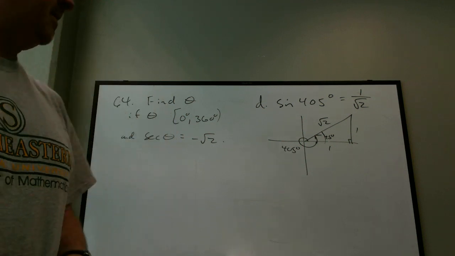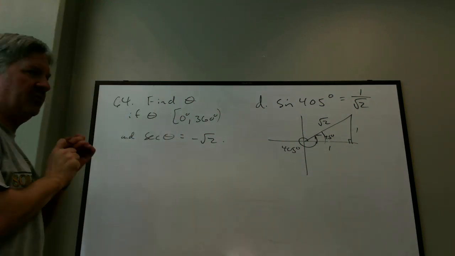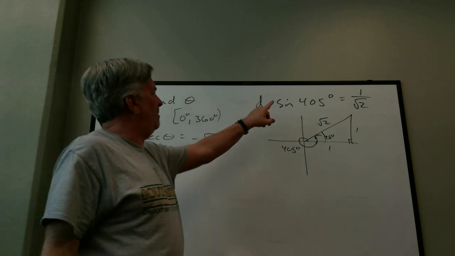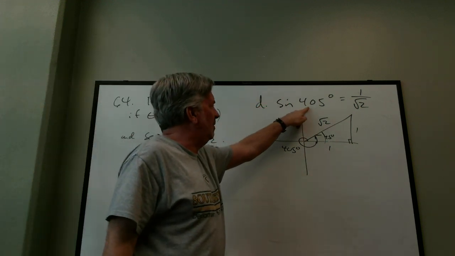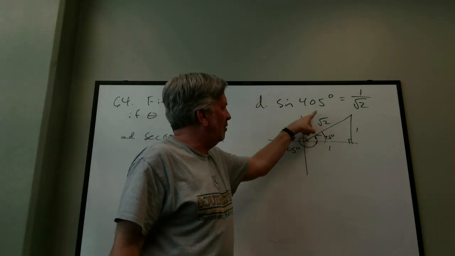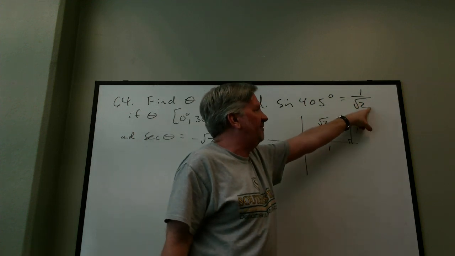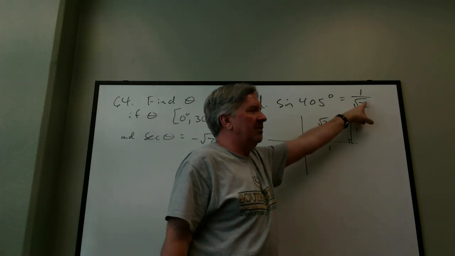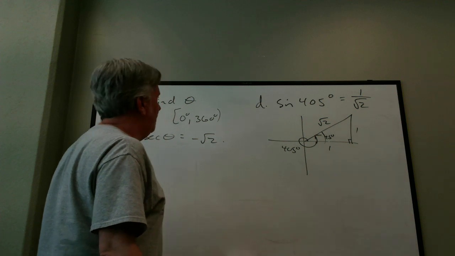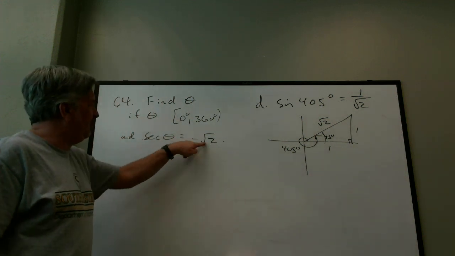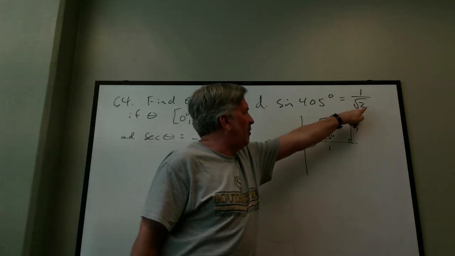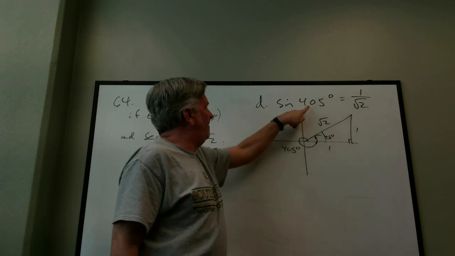Okay, now, how is this problem different from the ones we've been doing? Notice in these problems, they gave you the angle. We drew the picture with the angle, put the sides, and used the sides to figure out the trig function value. Notice in this one, they're giving you the trig function value. They're starting with this, and you have to figure out the angle.